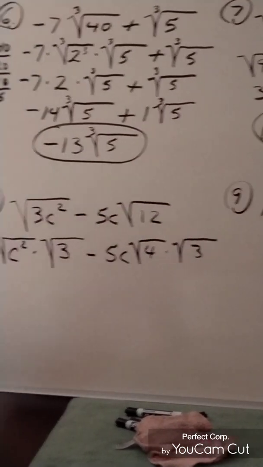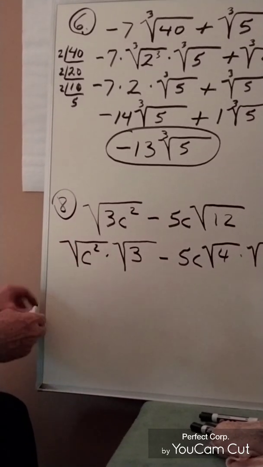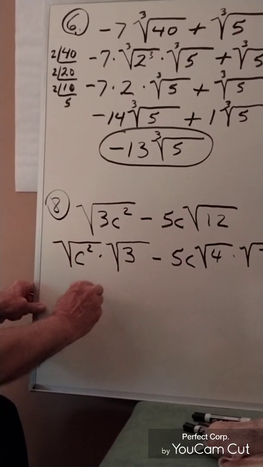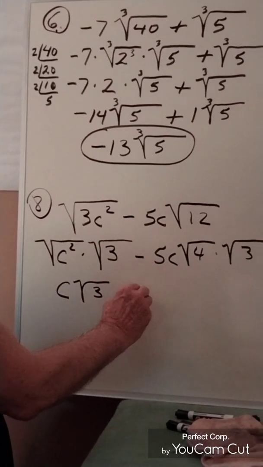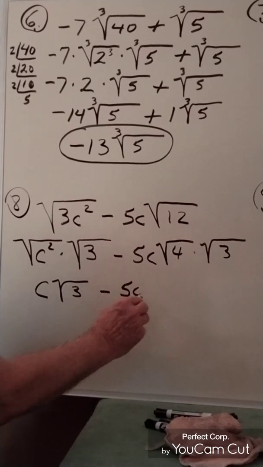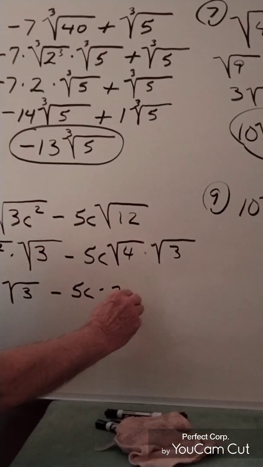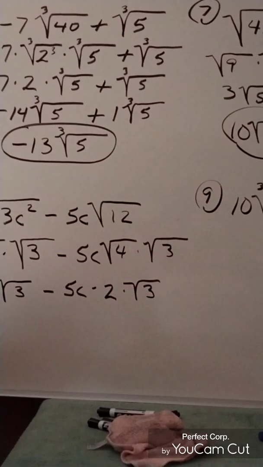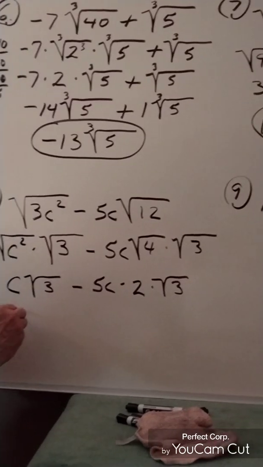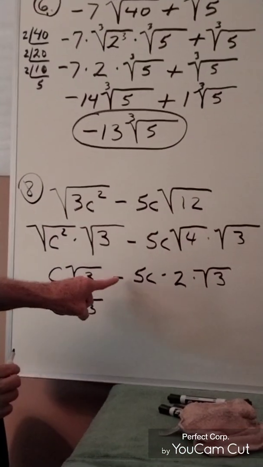Come back to the left. Pull it out. The root c squared, c. Multiplied by root 3. Minus 5c times 2 times root 3. Just go back to the beginning. C root 3.